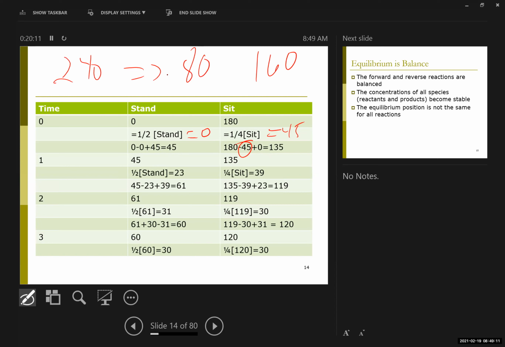If I change the rate constants, that ratio would change, right? But for any reaction, there is always this point of balance where my rate going forward is the same as my rate going in reverse, and things are just happening in both directions in a way that cancels any net change. And so my goal, equilibrium-wise, is to find that position for my reaction, because that is now my endpoint for the reaction, right?